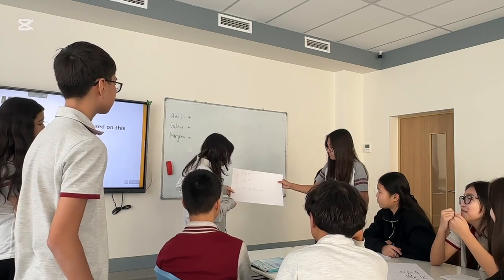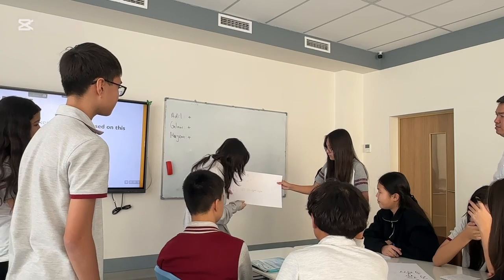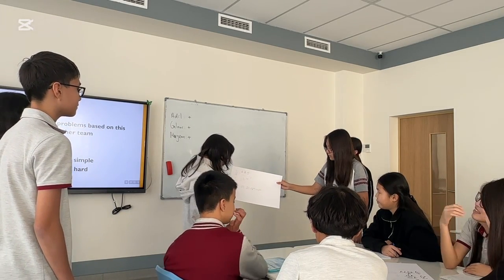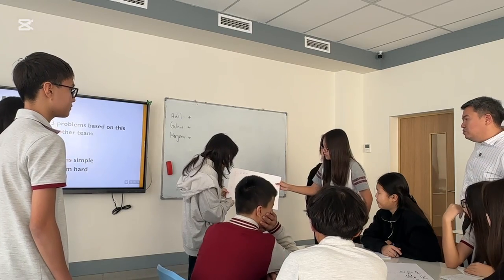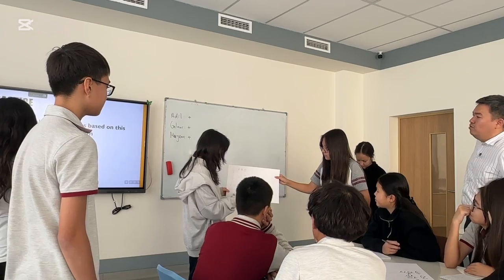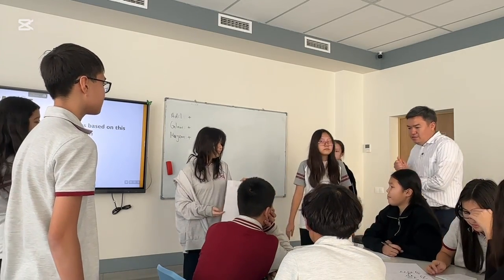Okay. And the final answer is minus 10 plus 15, multiplied by root 2 over. Okay. You can sit.